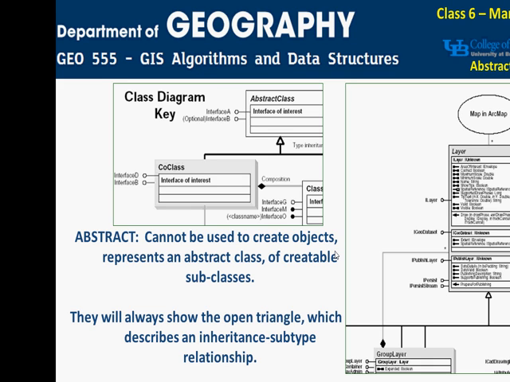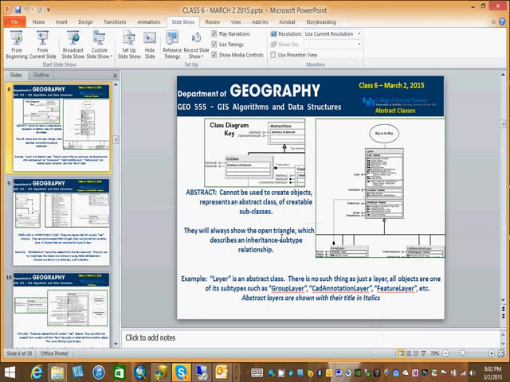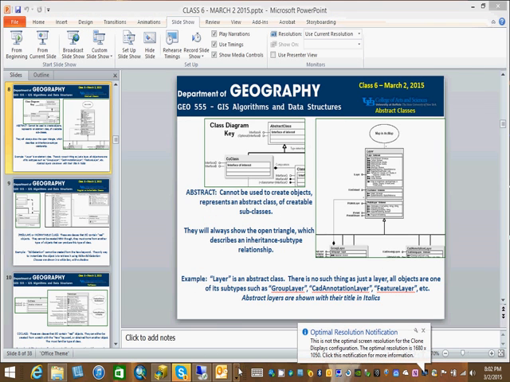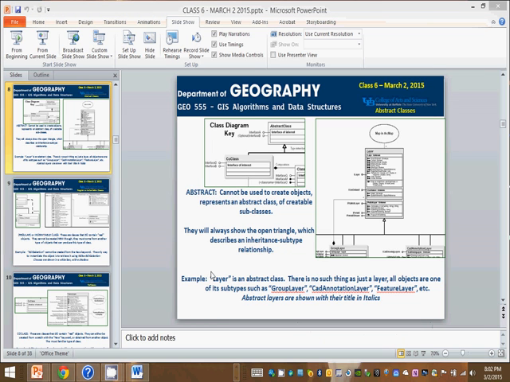So a mammal is an abstract class in the animal kingdom, and you would have specific classes inheriting from that, like human, cat, dog, fox, etc. So that's an abstract class. So we can use abstract classes in code, but we can't declare an object with them.